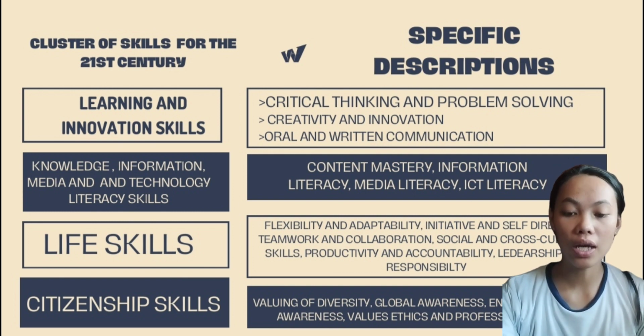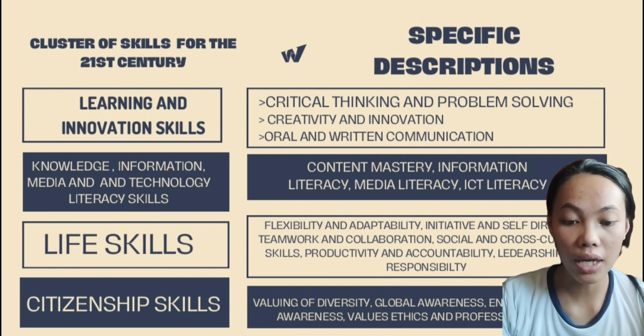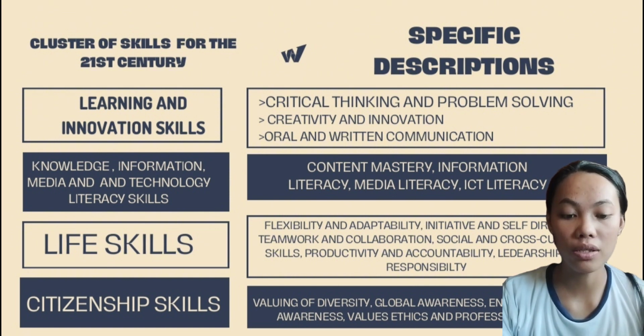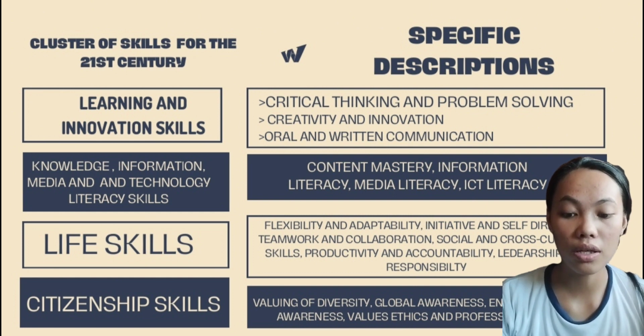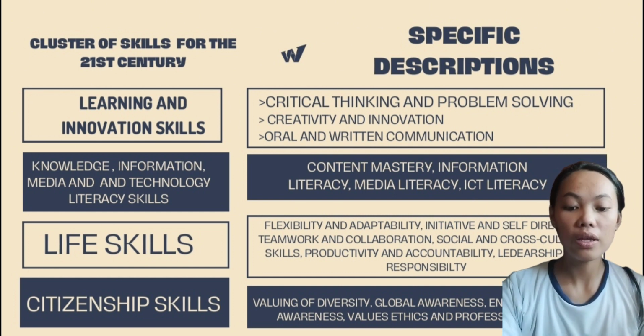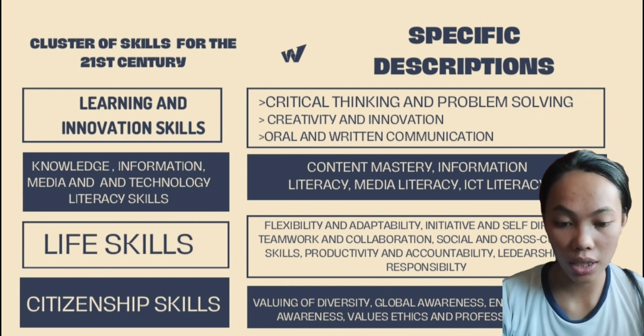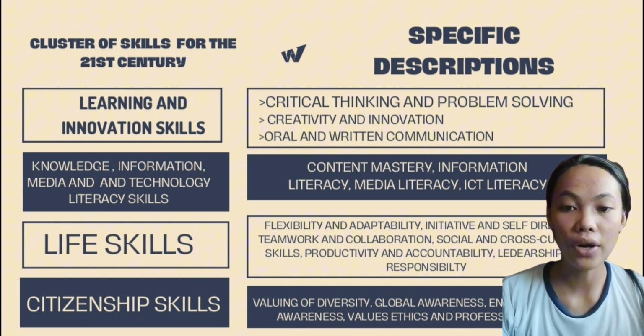For the life skills, they have flexibility and adaptability, initiative and self-direction, teamwork and collaboration, social and cross-cultural skills, productivity and accountability, leadership and responsibility. While the citizenship skills are valuing of diversity, global awareness, environmental awareness, values, ethics, and professionalism.